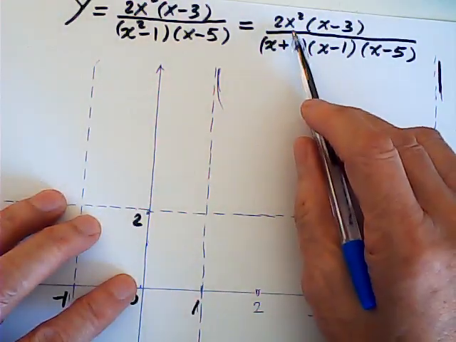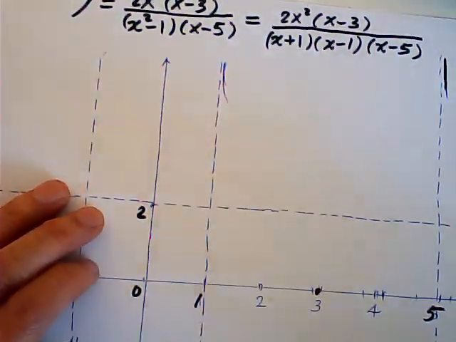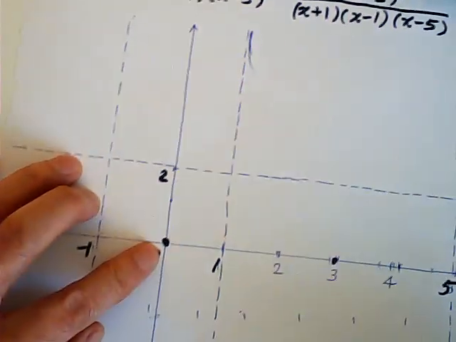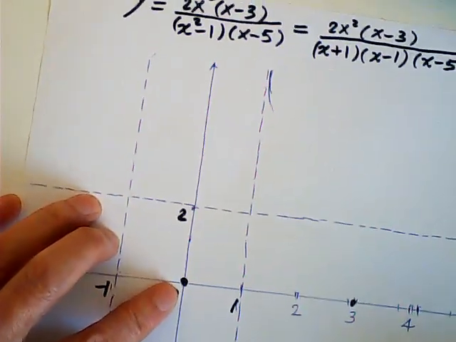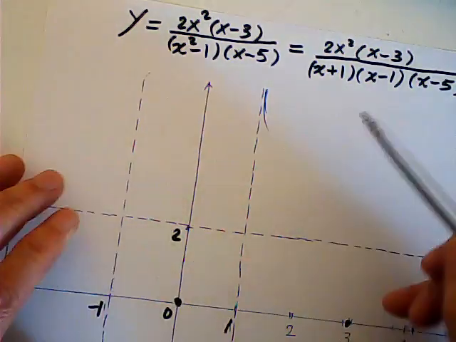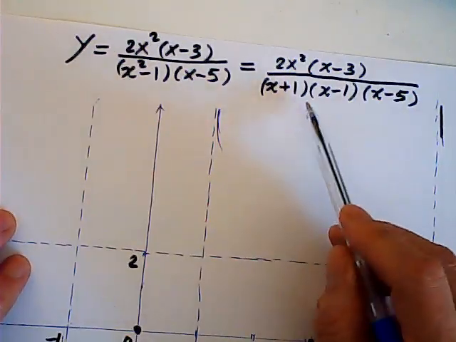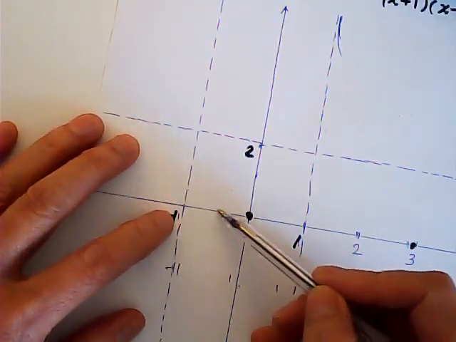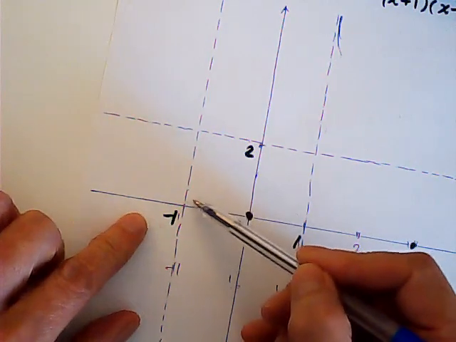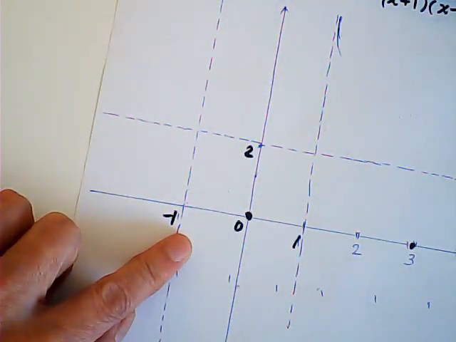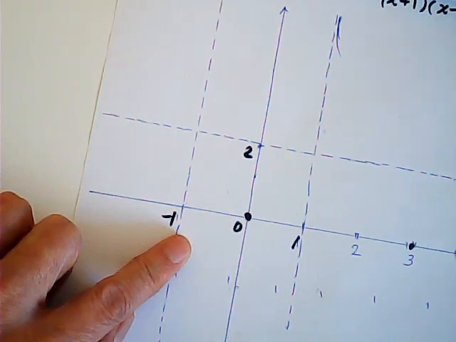When x equals 0, the function equals 0. So this is the point the curve passes through. Now, x approaches -1. When x approaches -1 from the right-hand side, that means x equals -0.99999.